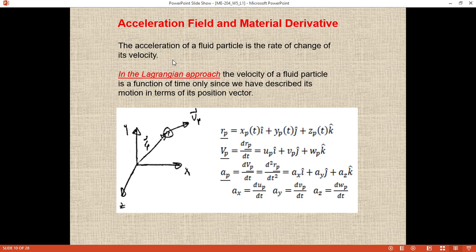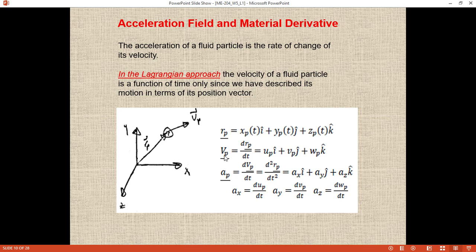In the Lagrangian approach the velocity of a fluid particle is a function of time only, since we describe its motion in terms of its position vector, which is a function of time only.